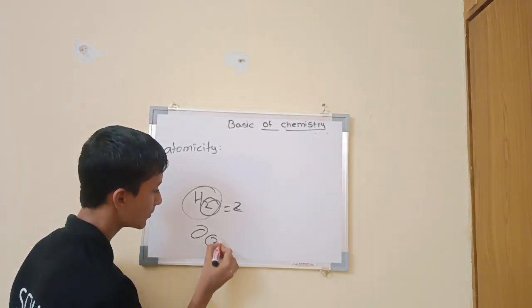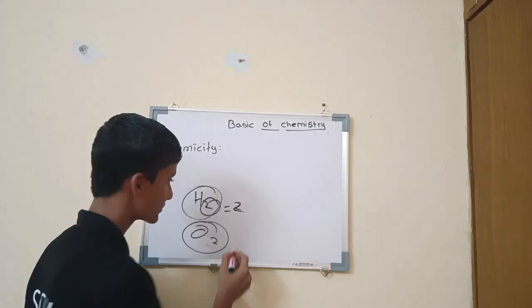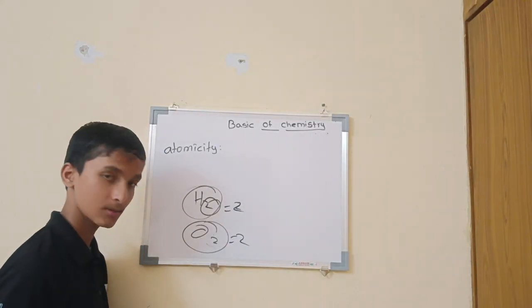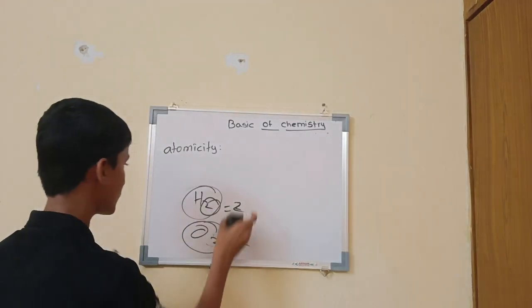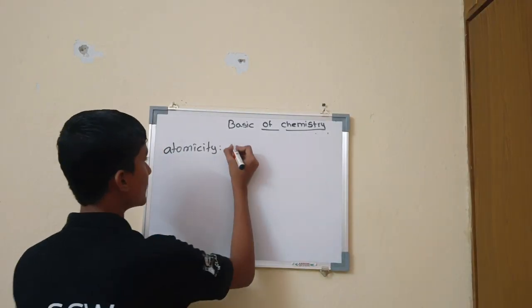O2 has 2 atoms. Then atomicity is 2. Understand? Write the definition.